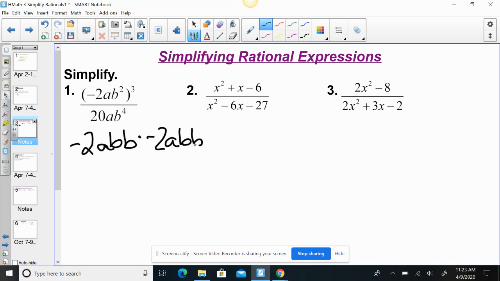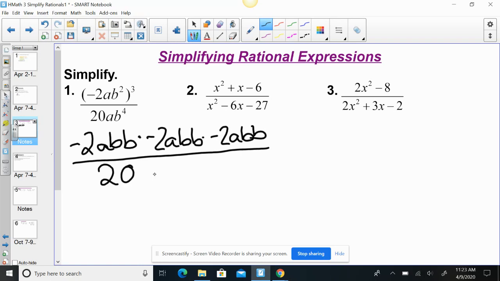Negative 2ab all over 20a and then 4 b's. I'm going to look for any common factors in my numerator and denominator. So negative 2, negative 2, and negative 2. Negative 2 times negative 2 is positive 4, times another negative 2 would be negative 8.